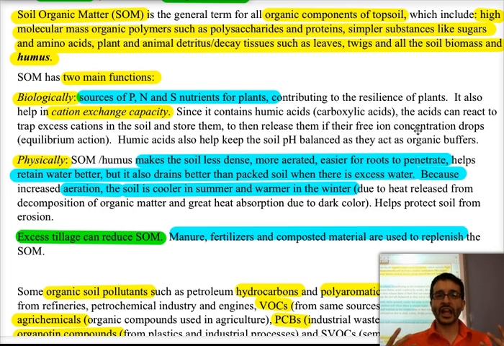All right, and SOM, the organic matter in the soil, has two important functions. Biologically, the most important function that it has is the source of phosphorus, nitrogen, and sulfur nutrients for the plants, and that's actually what the plant's going to need for building its proteins and its more complex structures. All right. In addition, and we'll talk about this at a higher level, it helps with the ion exchange capacity of the soil.